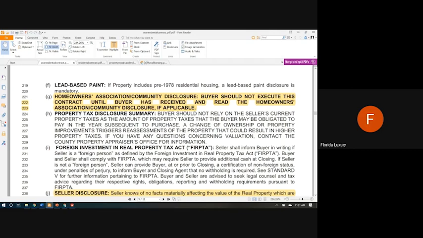If it's in an HOA community, your buyer should not be executing this contract until they've seen that HOA addendum and know what they're agreeing to. So I come in there, I've got the seller, the buyer comes in 3, 5, whatever days later, I put the HOA documents in the MLS with my listing.